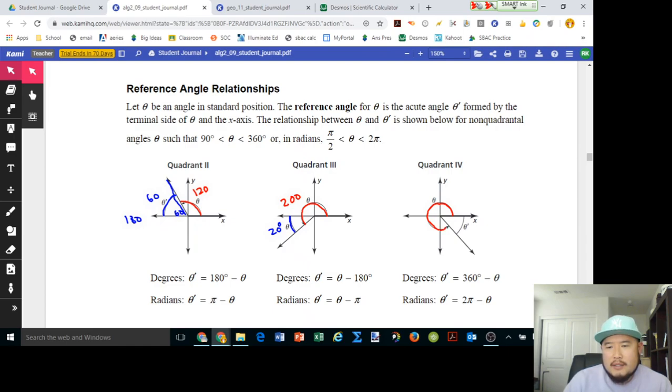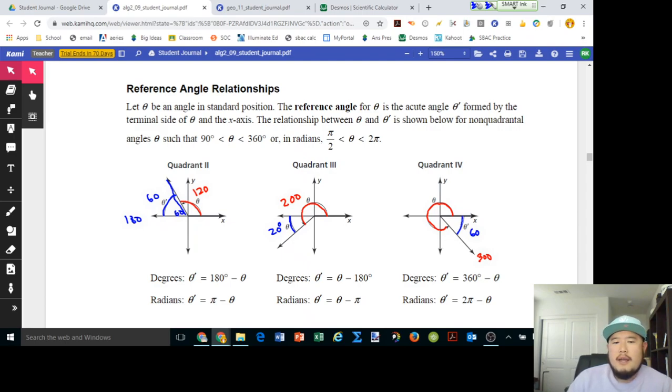And let's just go ahead and say that that happens to be, let's say this is 300 degrees. So that tells us that the reference angle will be from our terminal side to the x-axis. And remember, this is 360. So that makes our reference angle 60 degrees.